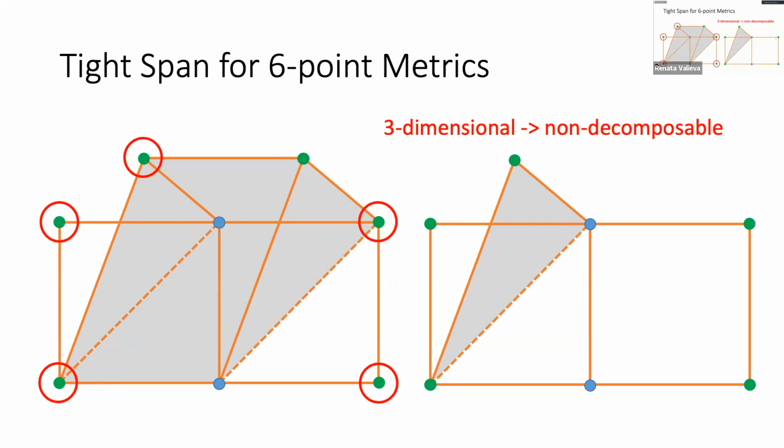That becomes 3-dimensional. As 3-dimensional is not decomposable, we cannot really find cuts that are compatible with each other. I do not have a very good intuition on why 3-dimensional is not L1, but I can try to give you a vague explanation.